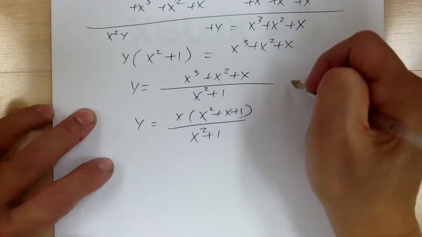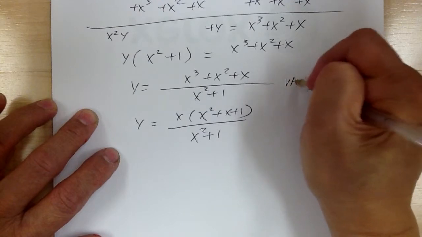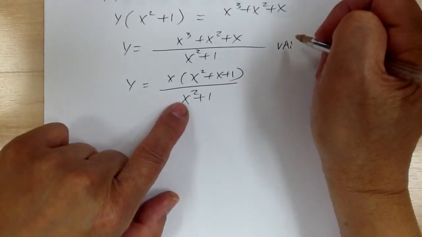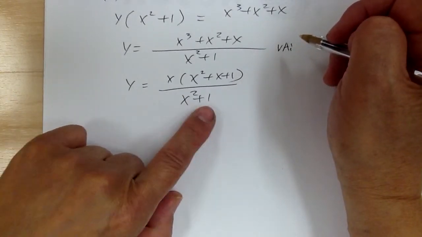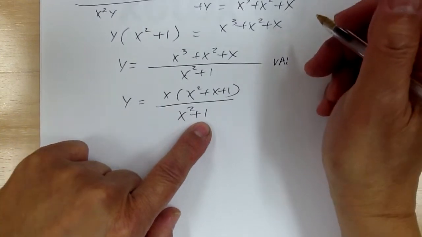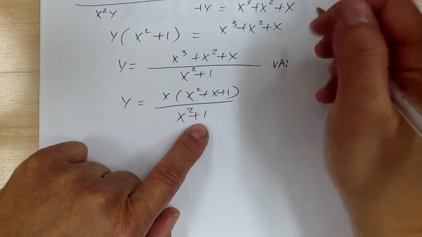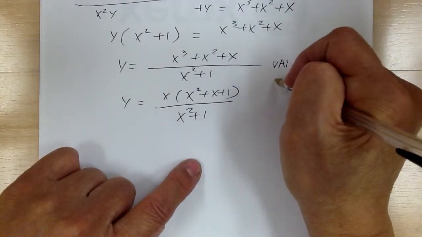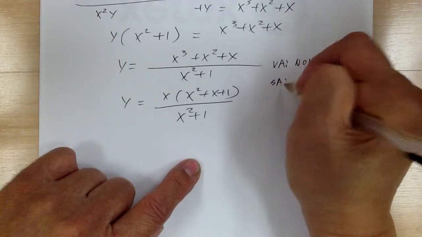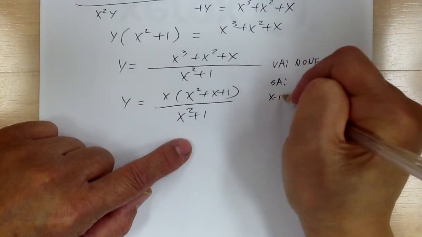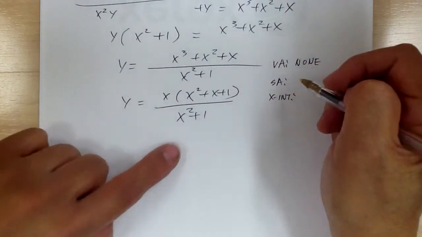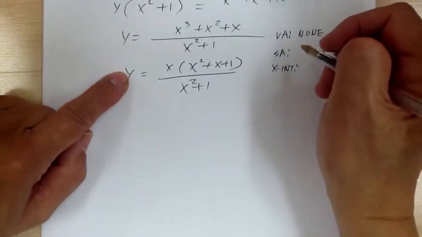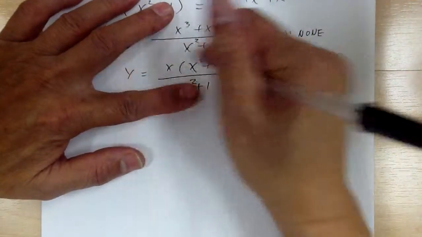Okay, then you go and get all your information. So vertical asymptote. In this case, x squared is positive. Positive plus 1 is always positive. So this would never give you negative. So this would be none, no vertical asymptote. Okay, and slant asymptote, you have to figure it out. Okay, x-intercept is when you set y equal to 0, you cross multiply, so this becomes 0.